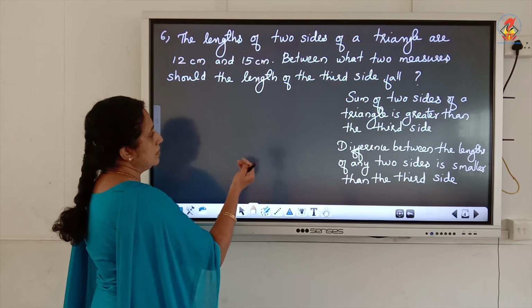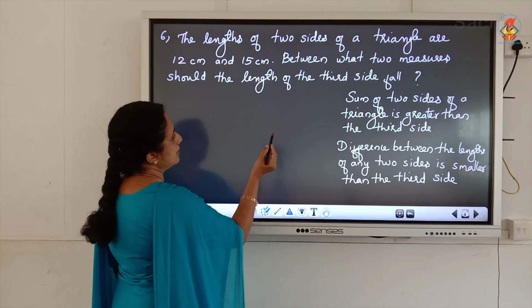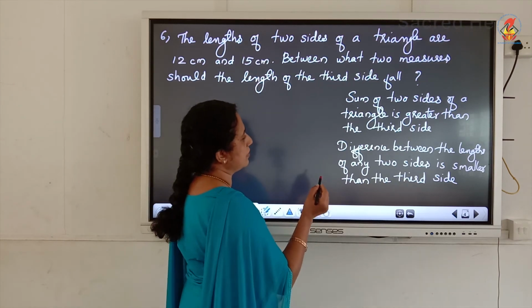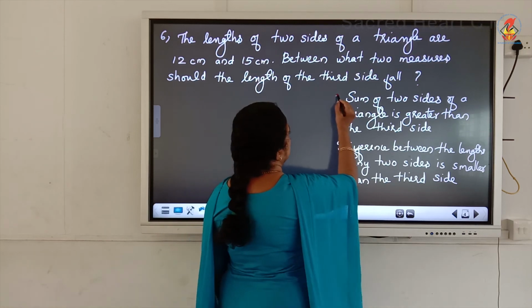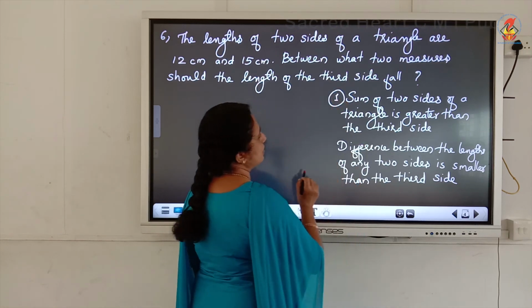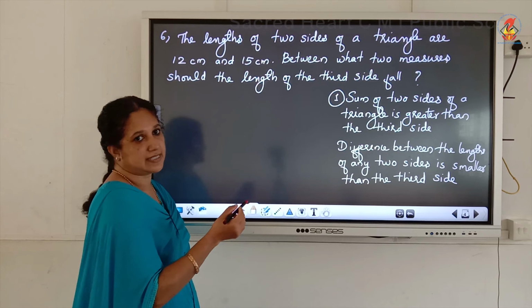Now first we can consider the first property regarding the length of the sides. What is the property? The sum of any two sides of a triangle is greater than the third side.